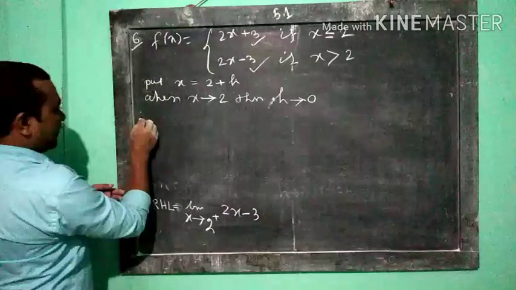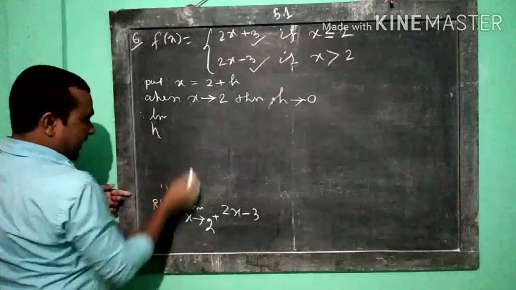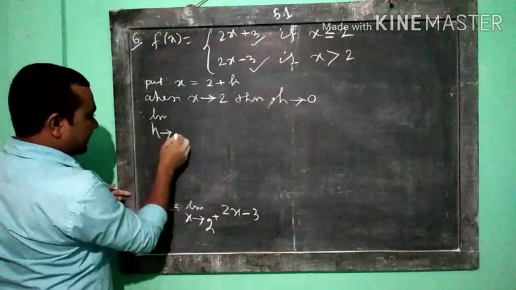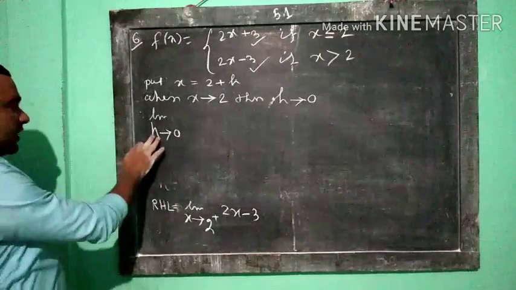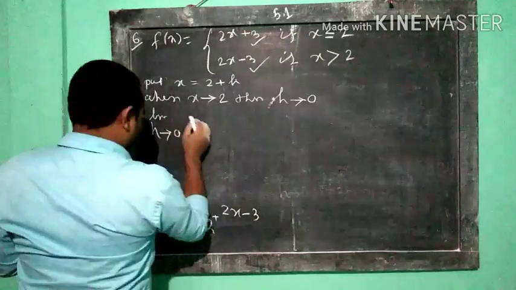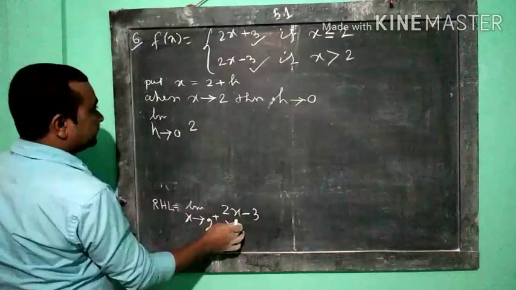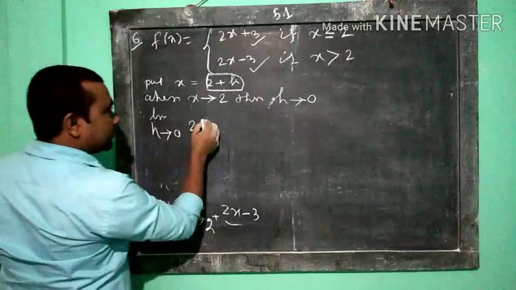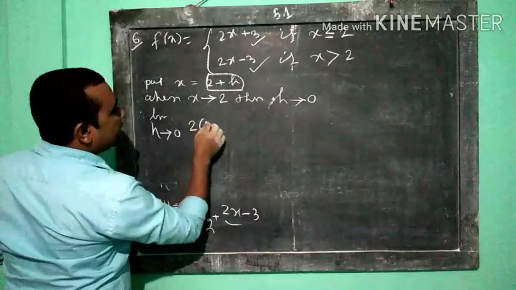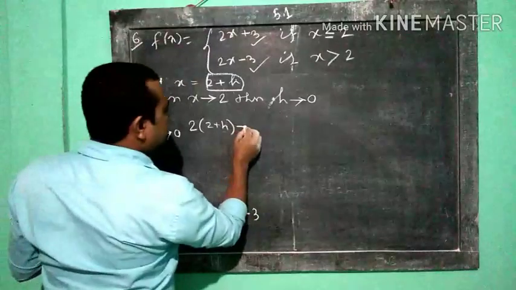Therefore, limit h tends to 0 of 2 into (2 plus h) minus 3.